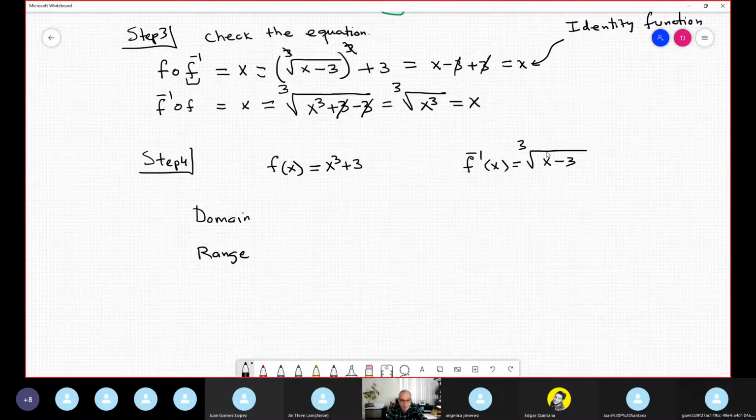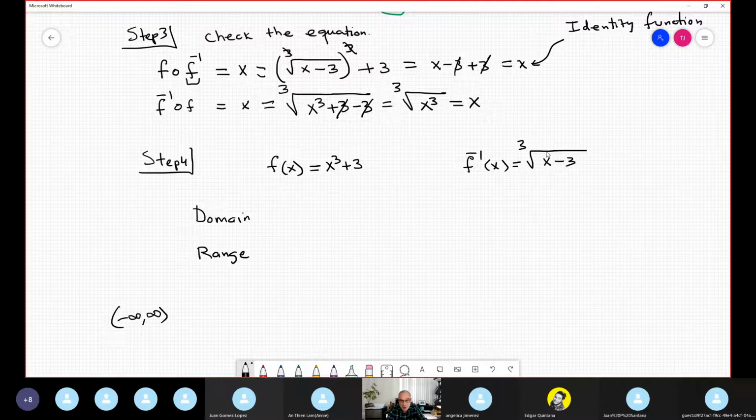Well, we have no restriction. Remember how you determine domain in chapter 2. The assumption is that the domain is all real numbers except the restrictions.